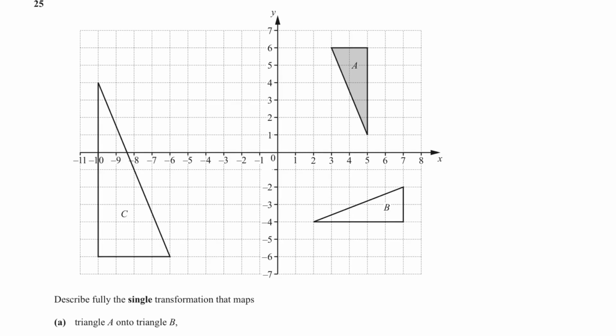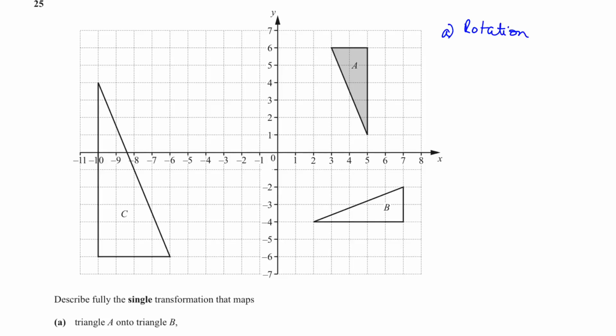This question is about transformation. In the first part, describe fully the single transformation that maps triangle A onto triangle B. You can see that this is not a reflection or a translation or an enlargement. It's clearly a rotation. So the first part is that it is a rotation. And it's a 3-mark question.